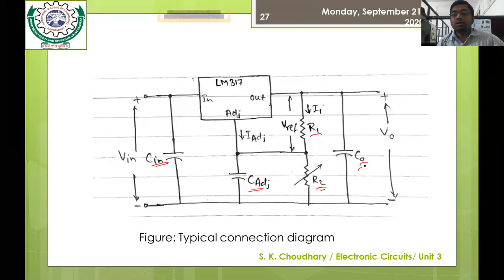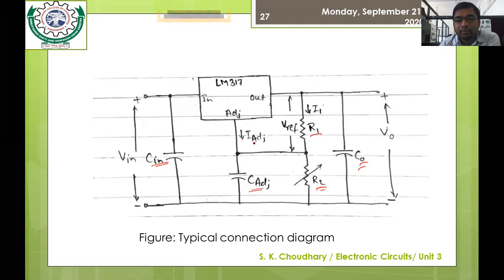Then C naught, that is between the output terminal and the ground terminal. The input voltage is measured across the input pin and the ground, and the output voltage is measured across the output pin and the ground. Means across the C naught there is a V naught, and across the C in we are calculating the V in. And the adjustable voltage is at the adjustable pin and the ground terminal.